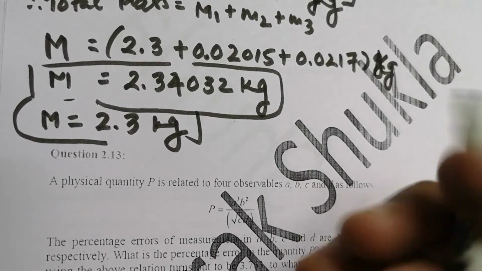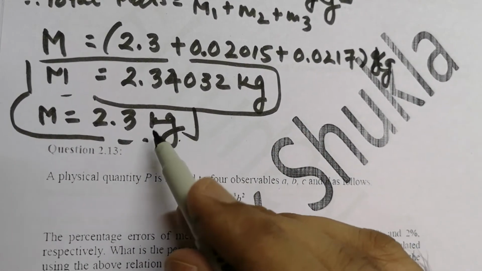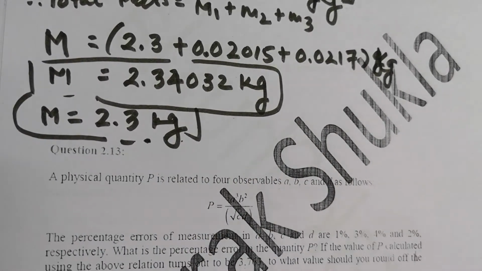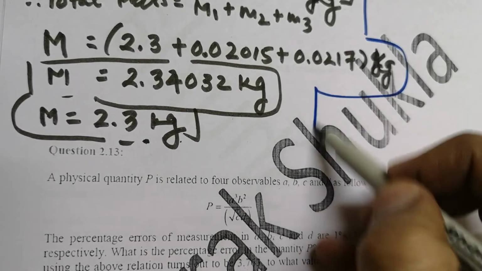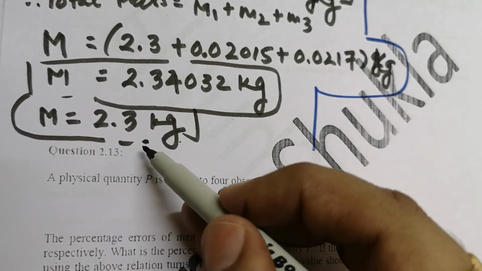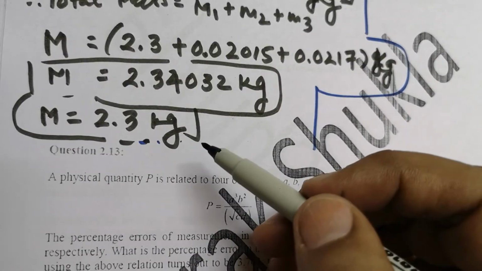But with the pure and accurate number, we are very near to our actual answer. This is our actual answer with significant digits. So always keep in mind that the significant digits advantage is like that.